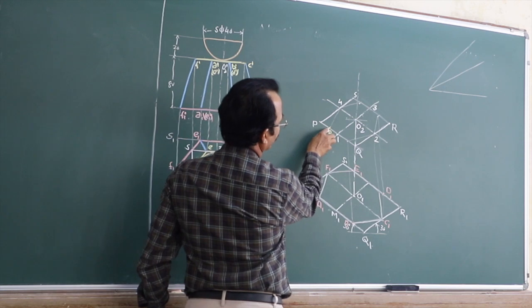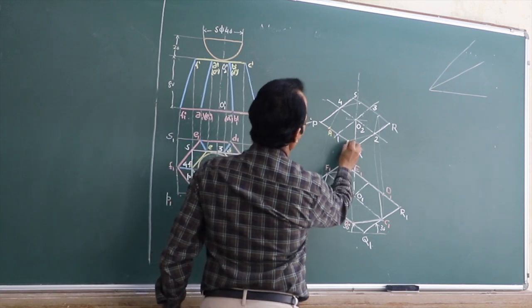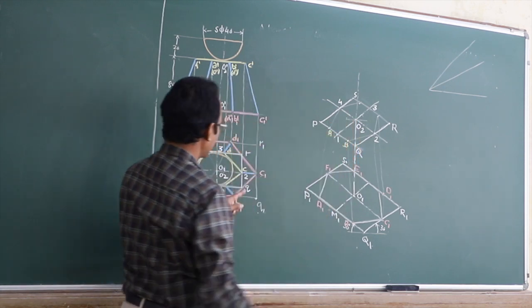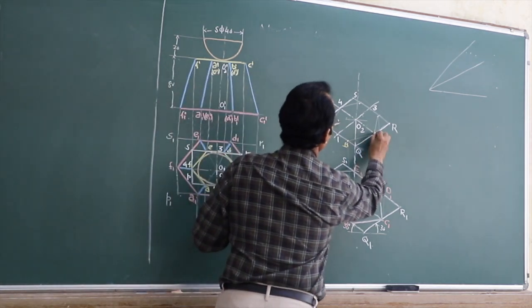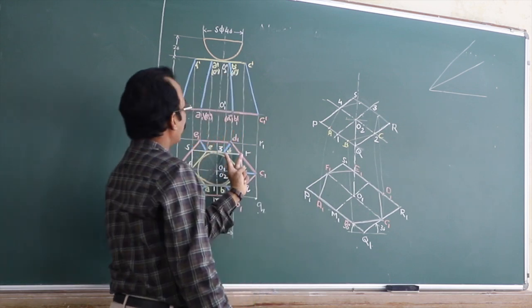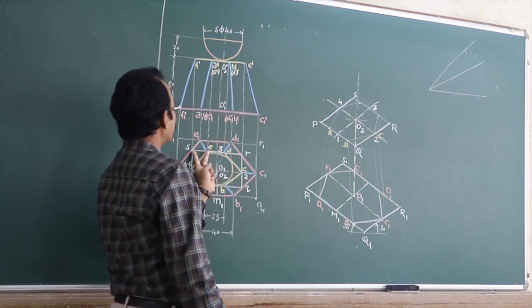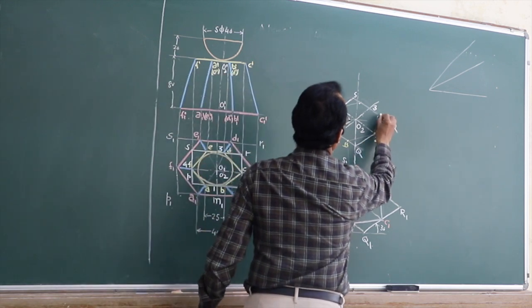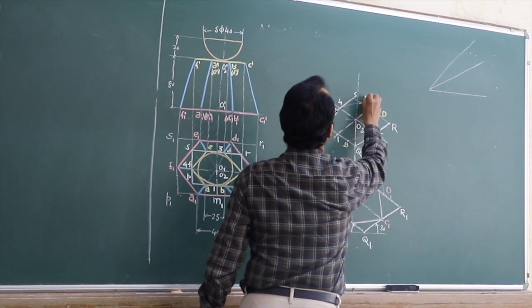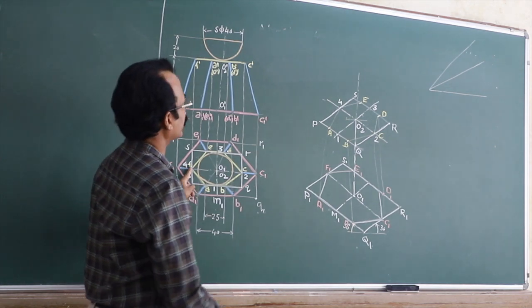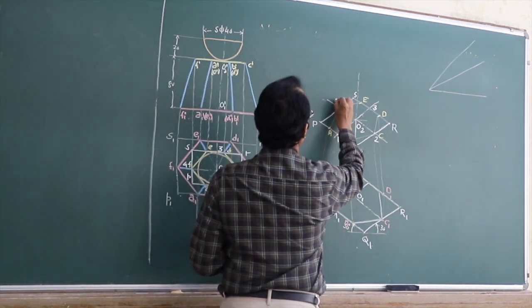From P mark A, from Q mark B. Then your 2 is nothing but C itself. So this is your C. Then same way RD, SE. R2, this is D, this is E, and 4 is nothing but your F itself.